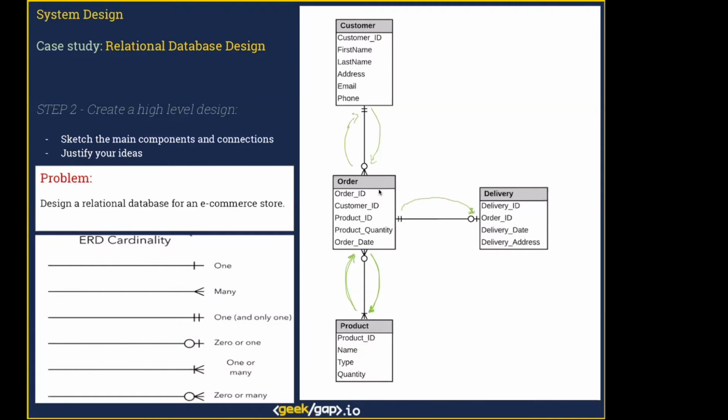Because if it's, let's say, a movie, you don't need any delivery for that. If it's a computer, then you need 1 delivery. And for a delivery, on the other hand, you have one and only one order.